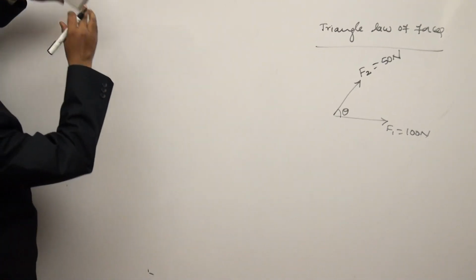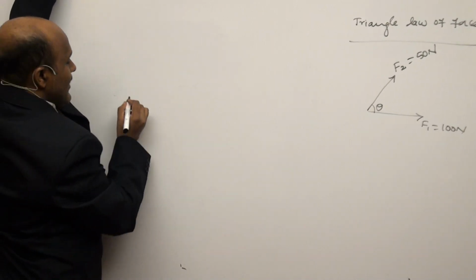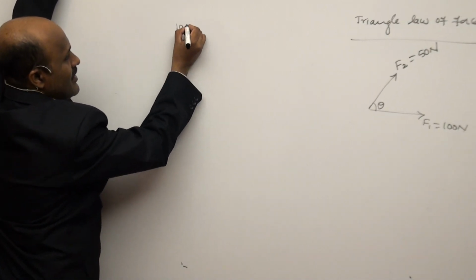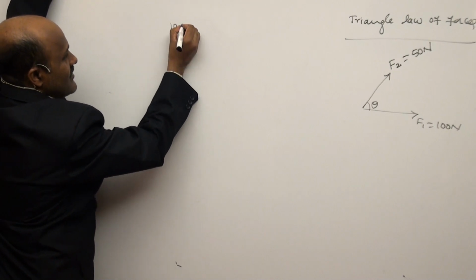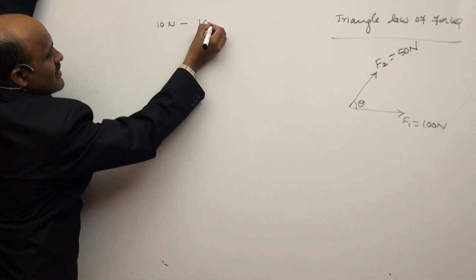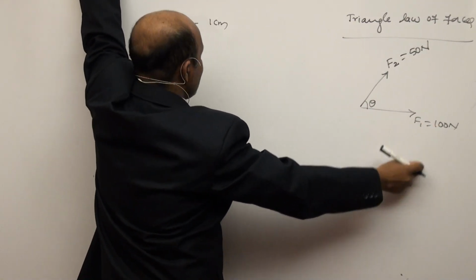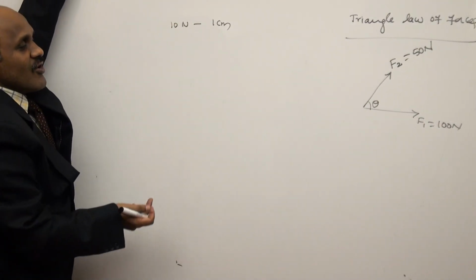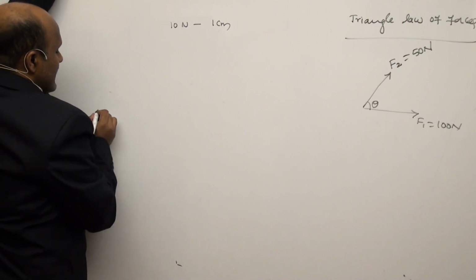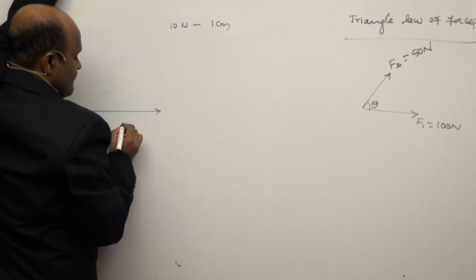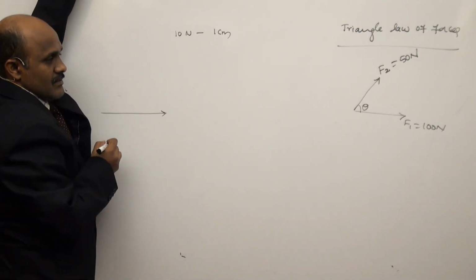Draw F1 at a suitable angle. 10 newtons is equal to 1 centimeter, and F1 is 100 newtons, so that is equal to 10 centimeters. First of all, draw a line of 10 centimeters.